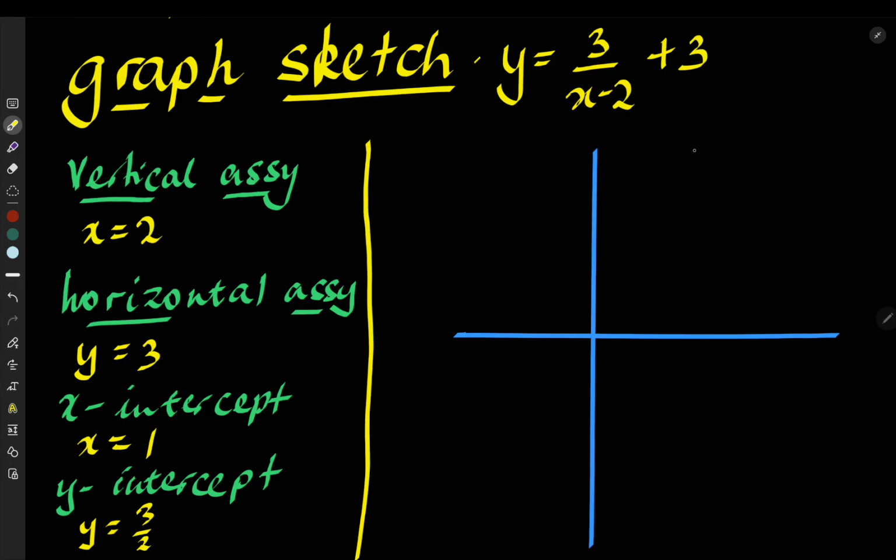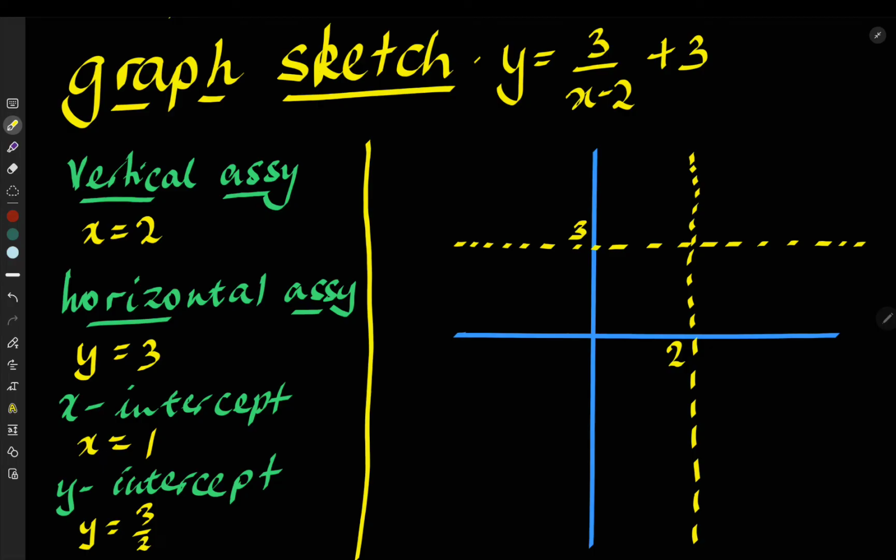So remember, it's x is equal to 2. This is a vertical line passing through x is equal to 2. That 2 needs to be clearly stated. And also remember the horizontal asymptote was at y is equal to 3. So that is the first thing. You need to put down your vertical and horizontal asymptotes.